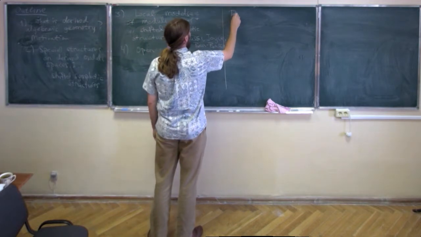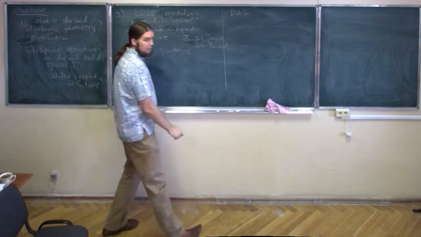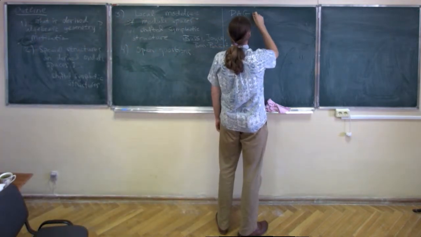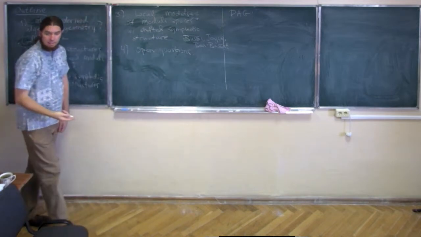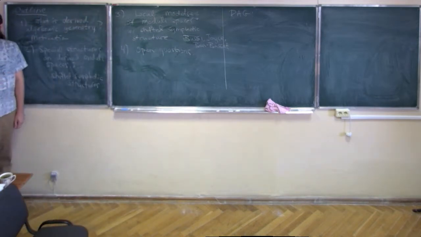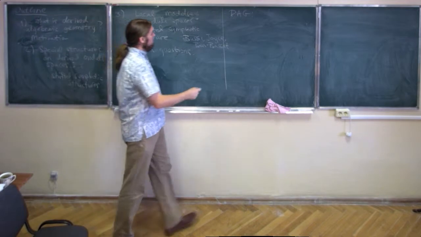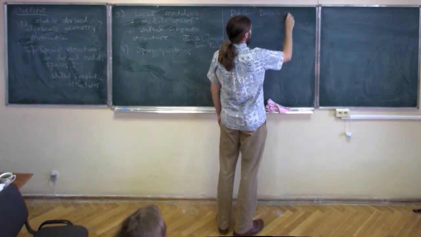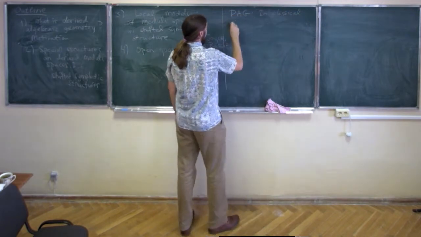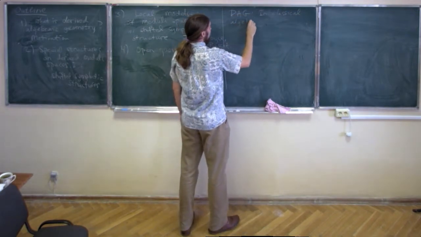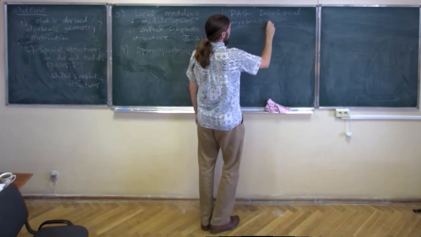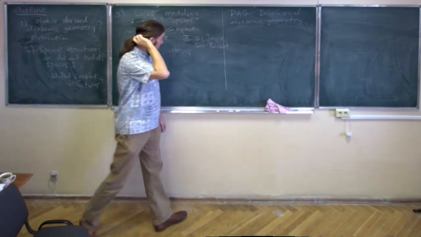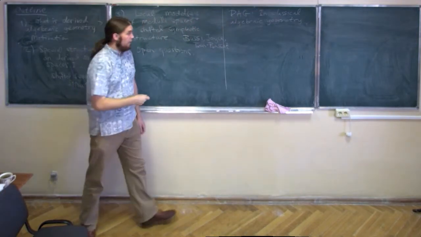So let me say a bit about what derived algebraic geometry is. If you're studying varieties or schemes, these are things that locally look like affine varieties or affine schemes. Classical algebraic geometry for me is going to mean basically schemes. In classical algebraic geometry, everything is built in terms of commutative rings.